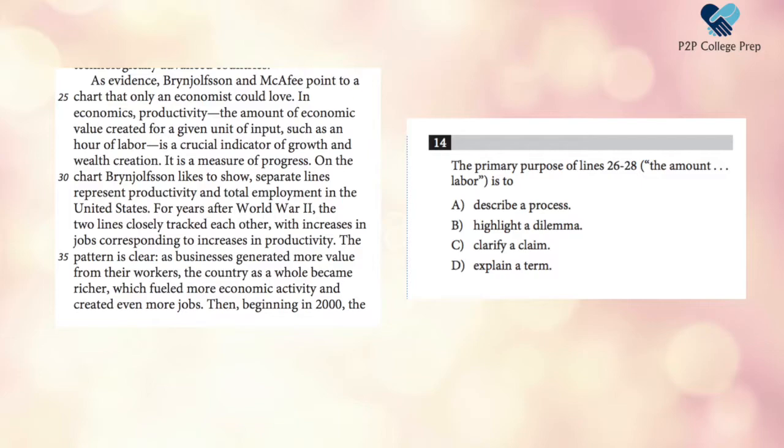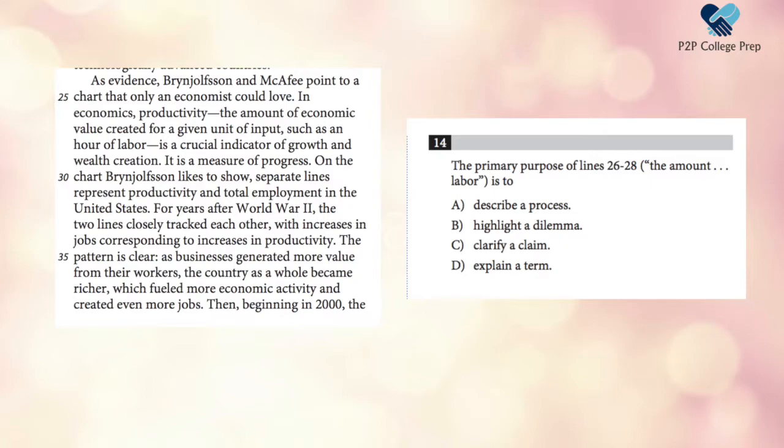highlight a dilemma, C, clarify a term, or D, explain a term. If we look at the lines, it says, in economics, productivity, the amount of economic value created for a given unit of input, such as an hour of labor. So we can see that the author has to make a stop in the middle of a sentence to describe what productivity is.